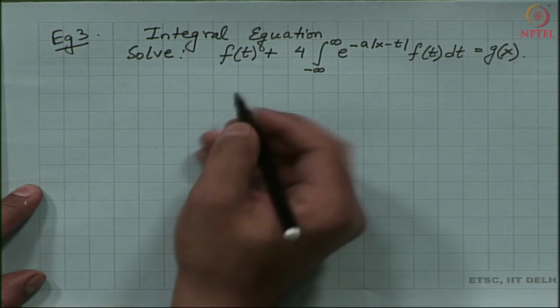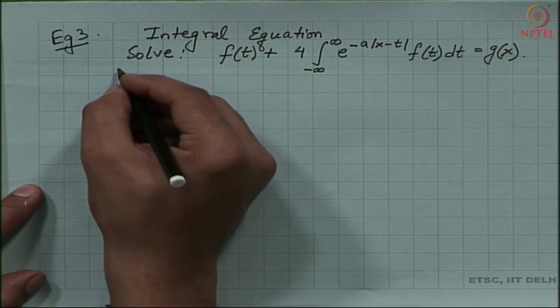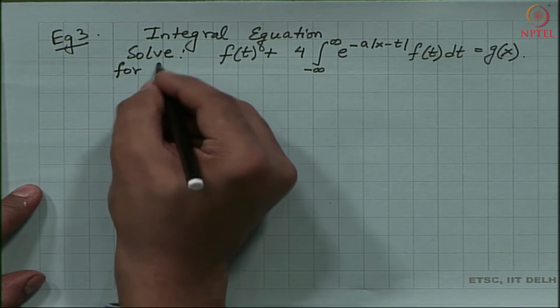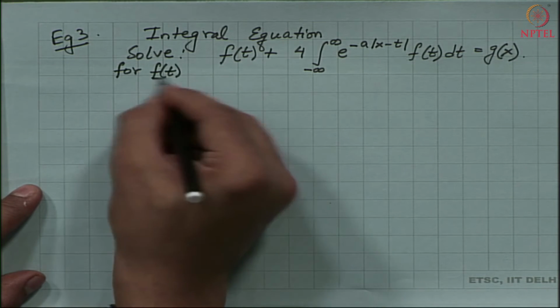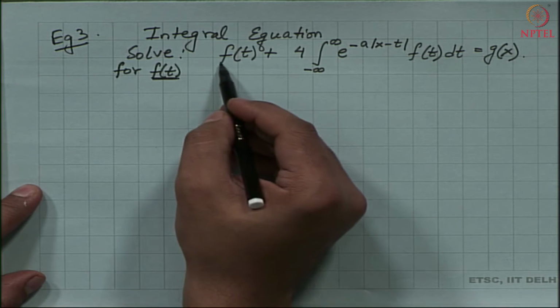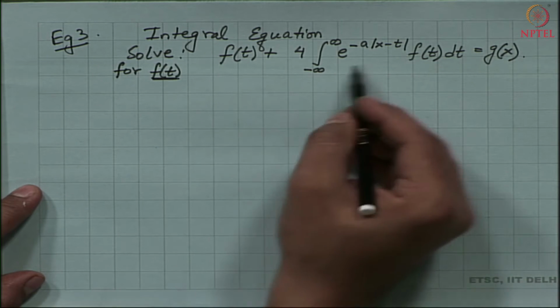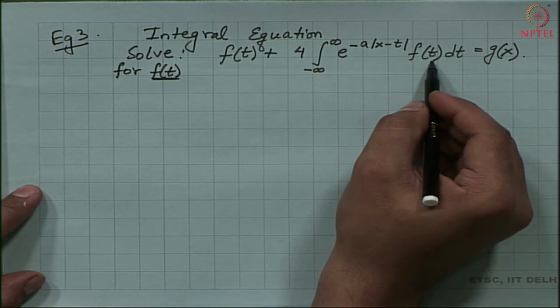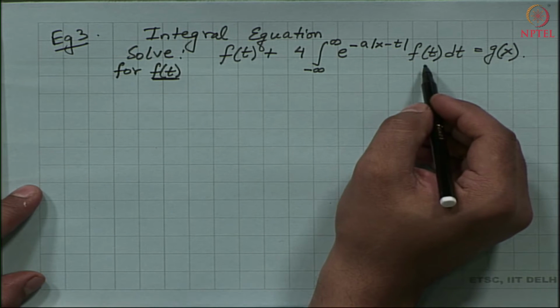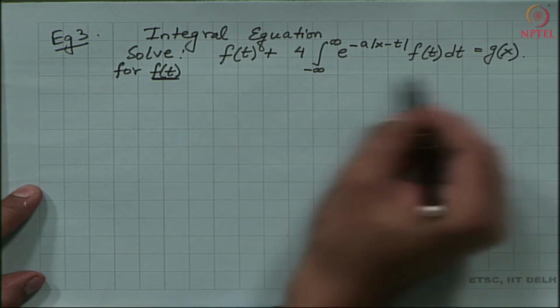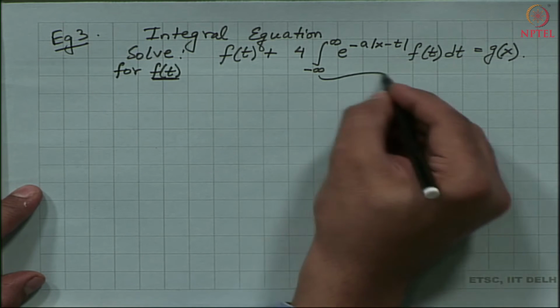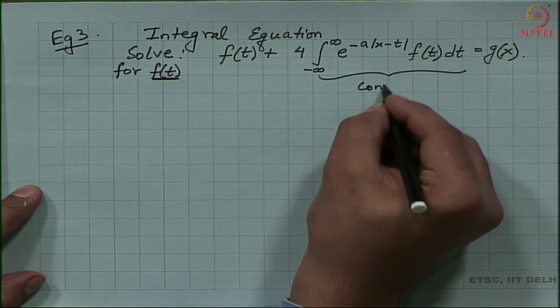Okay. So, notice that I need to solve for f of t. f of t appears here and also f of t appears inside the integral, right. So, I need to solve this integral equation. Also notice that this integral is of convolution type.